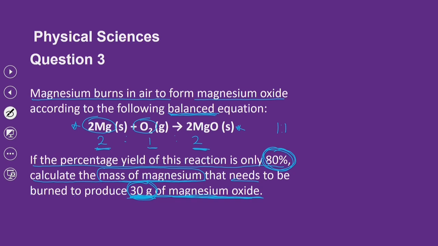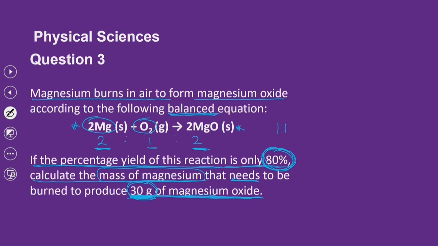Here we highlighted the 80. Let's read again. If the percentage of yield is only 80%, calculate the mass of magnesium that is needed to be burnt to produce 30 grams of magnesium oxide.